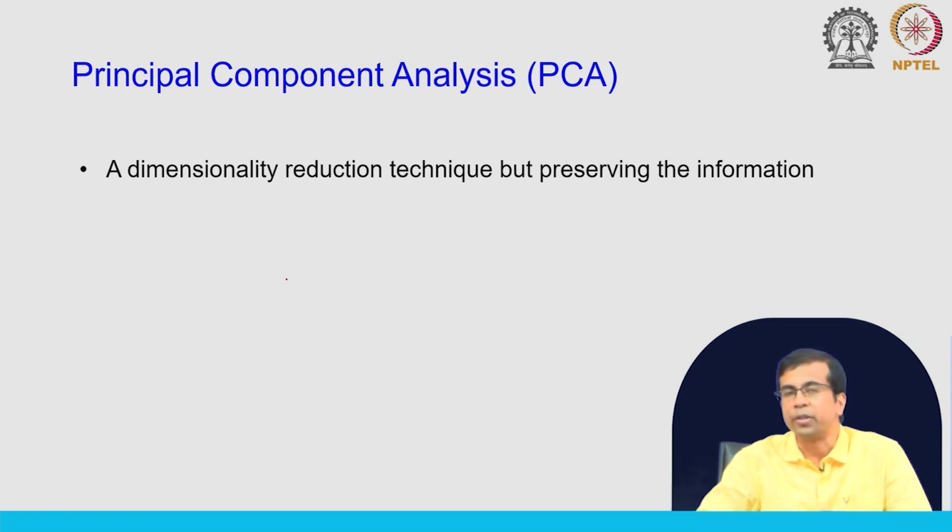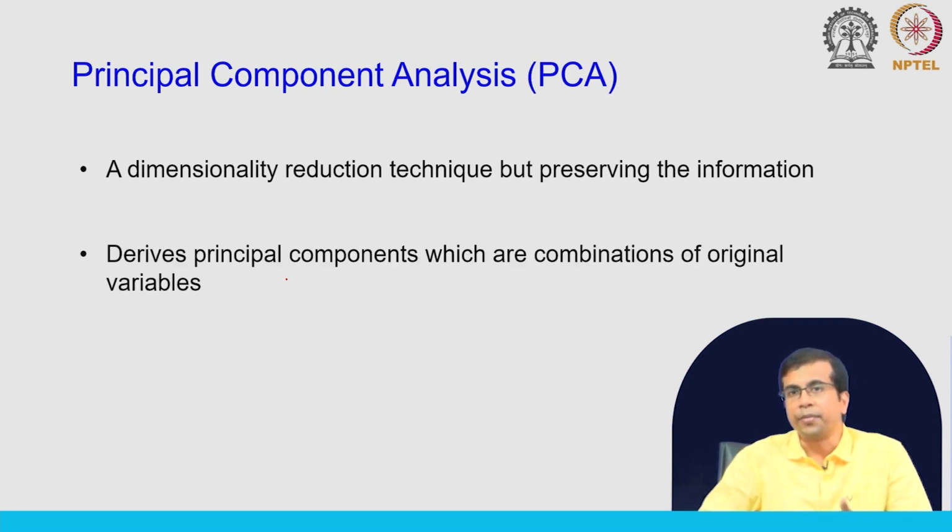So principal component analysis tries to identify a combination of these variables that explains the variation present in the data. It will try to reduce the dimensions from 10,000 to maybe 10 or 100 that can explain the variation, preserving the information as much as possible.